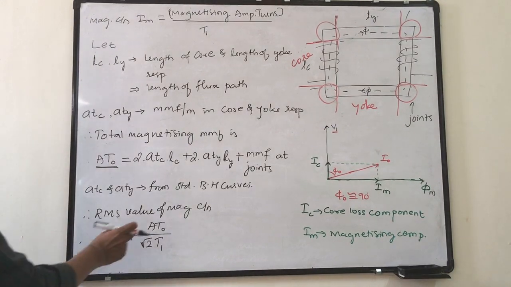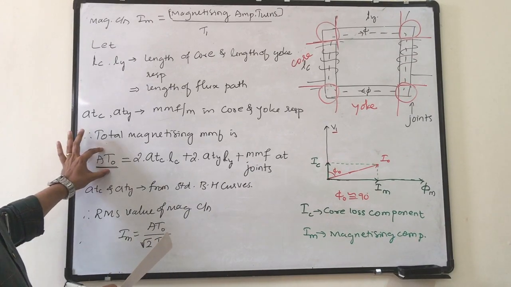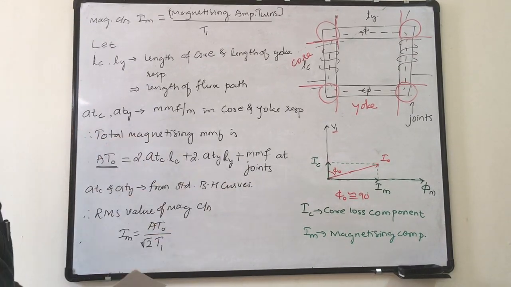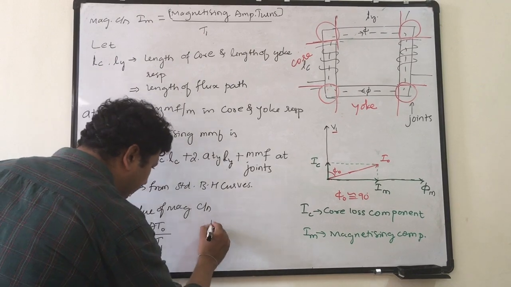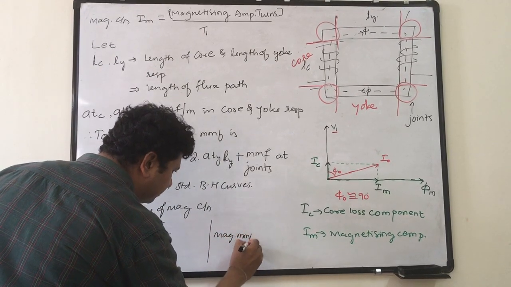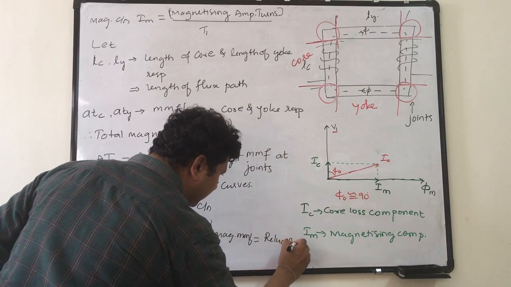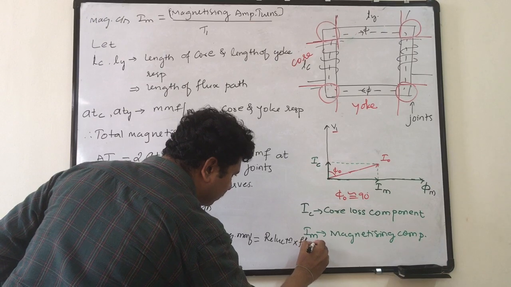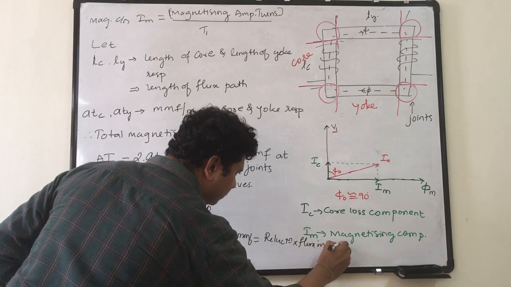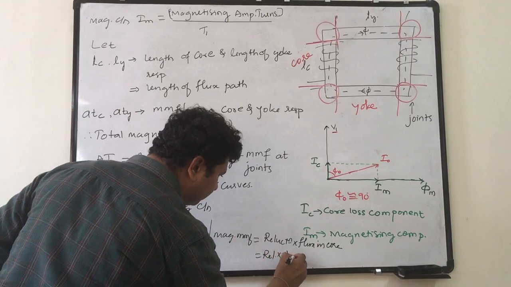Why divided by root 2? AT naught is the maximum value, because this AT naught is producing the maximum flux. Generally, AT naught is equal to magnetizing MMF, which is equal to reluctance into flux in core, that is reluctance into phi m.